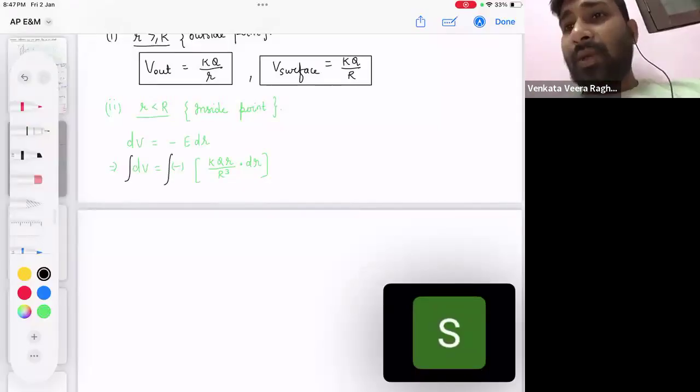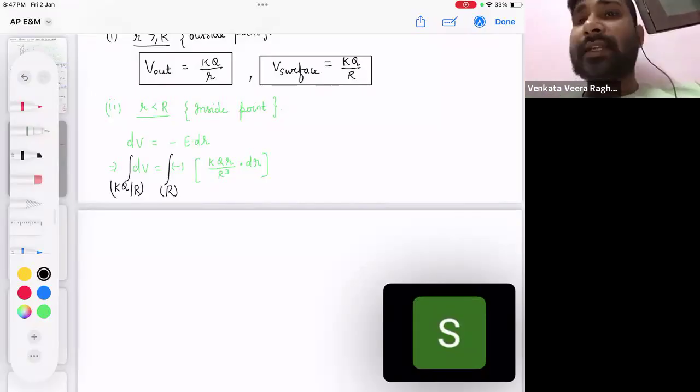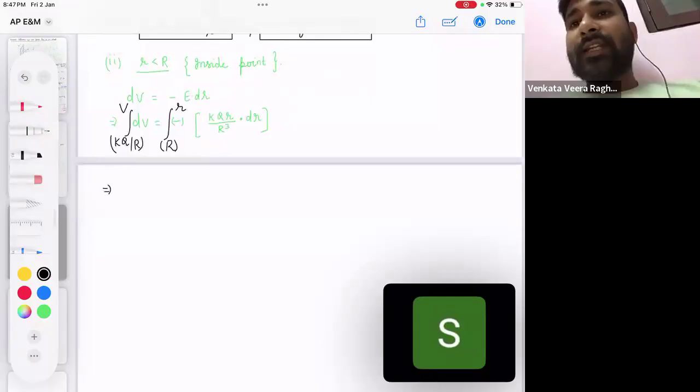Now we will calculate it. Please tell me, when small r is equal to capital R, what is the potential, being V at capital R? And when the distance is a variable small r, what is the potential? I have to calculate, simplify it.